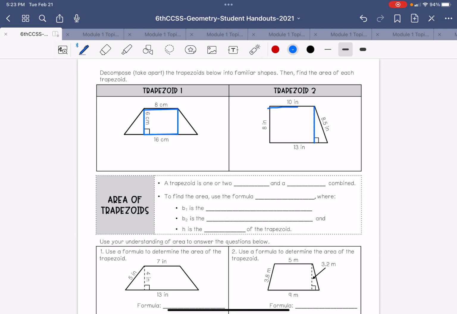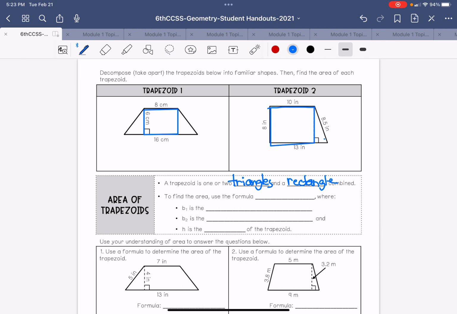And over here you have your rectangle, and your triangle over here. Okay, so a trapezoid is 1 or 2 triangles and a rectangle.